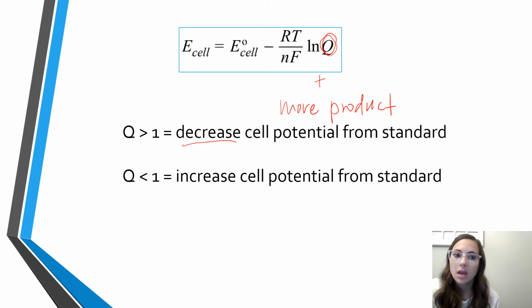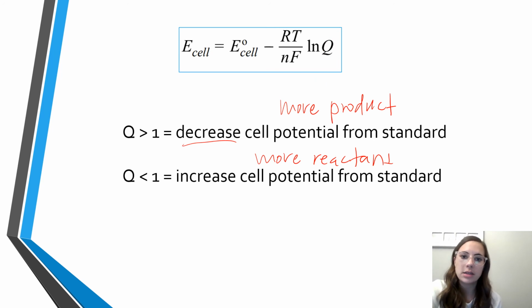all right? If we have a Q less than 1, meaning we have more reactant, then we plug in a number less than 1 for Q. Natural log of a number less than 1 is negative. So if we do the cell potential minus a negative, we end up adding to the cell potential.